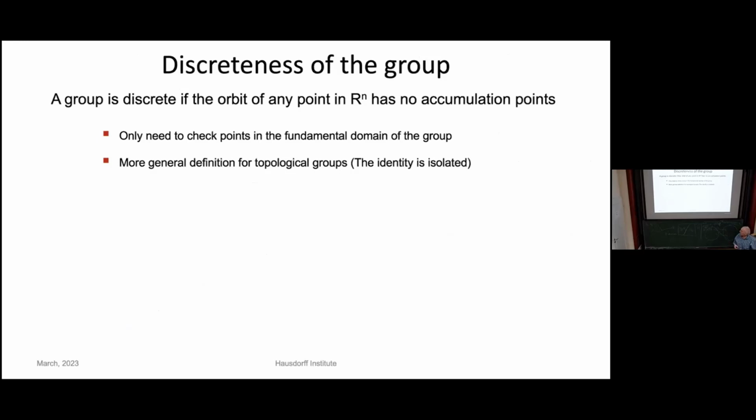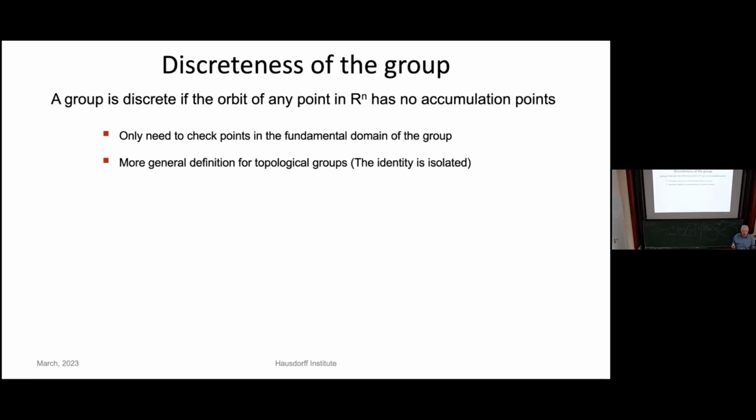So what is a discrete group? Take any point in R3. The group can act on points in R3, so you take the group acting on that point and you get points in R3. They might have accumulation points.